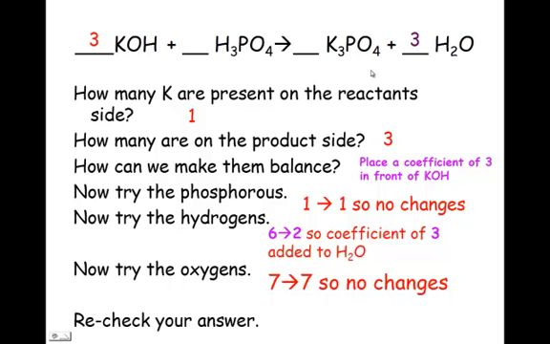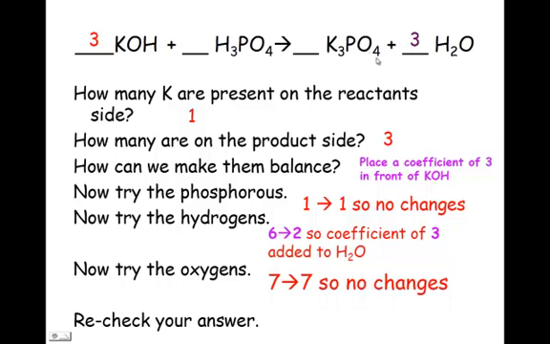And then the last step, recheck your answer. I'm going to double check that I have the correct number of potassiums, oxygens, hydrogens, and phosphorus. So I have 3 times my 1 is 3 potassiums, and I have 3 potassiums on my product side. I have 3 times 1 oxygens plus 4 more is a total of 7.